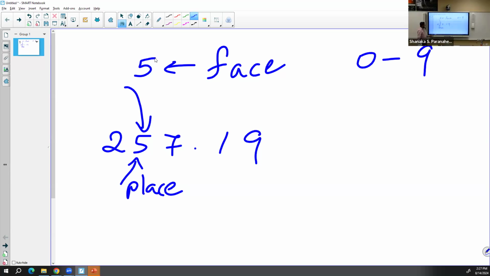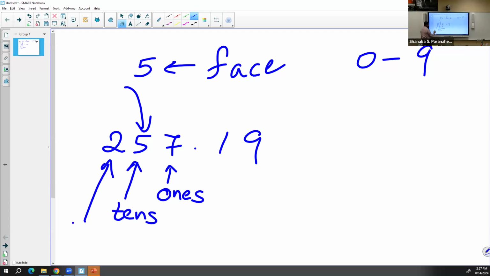In order to identify the place value of a digit in a number, you're going to locate the decimal symbol, and the first digit before the decimal is called, what is the place value? Anyone? Ones. Ones, correct. Okay. So it's ones. So 5 is in the tens.